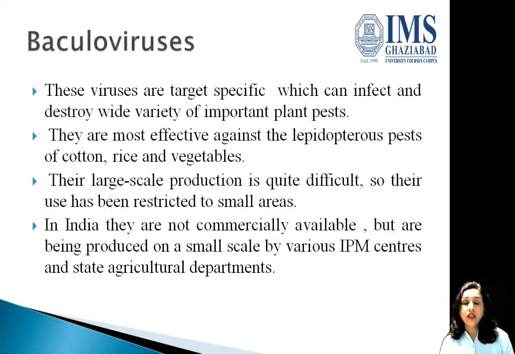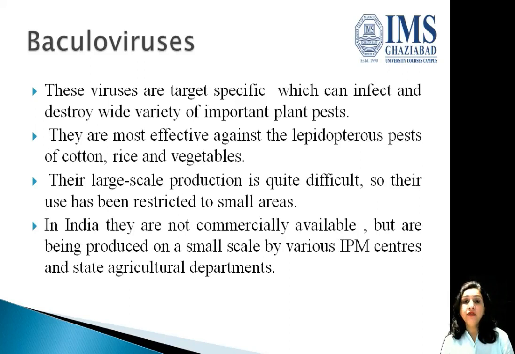Another important organism which is used as a biopesticide is the Baculoviruses. These viruses are target specific and can infect and destroy a wide variety of plant pests. Viruses are the most dangerous and, you can say, difficult to identify, and it's quite difficult to protect the plant from viruses.